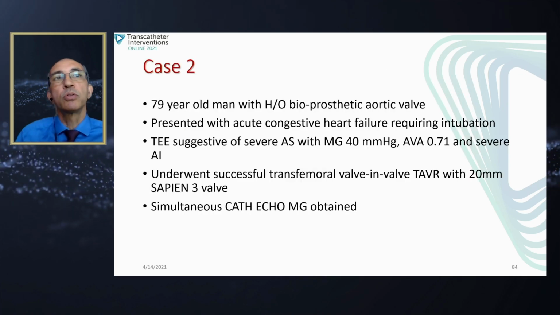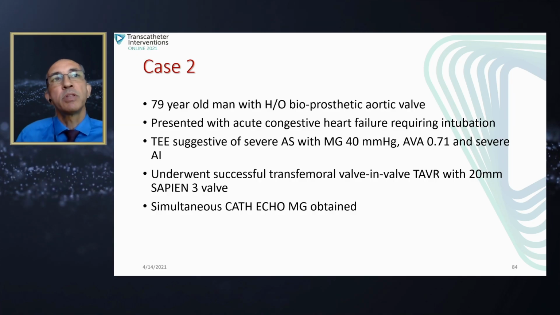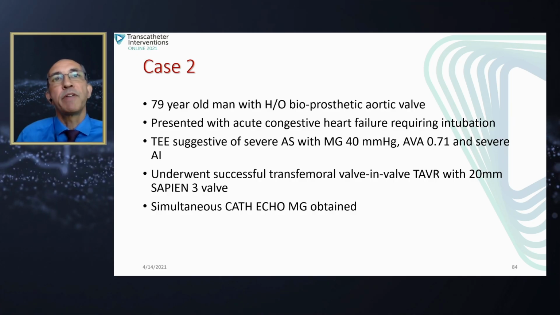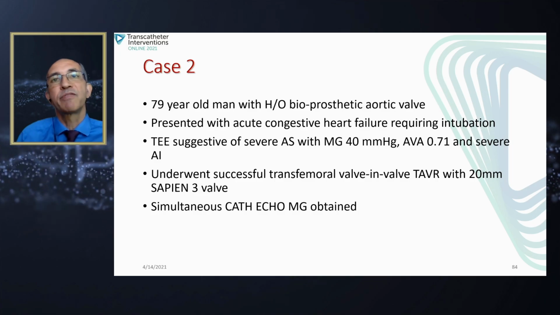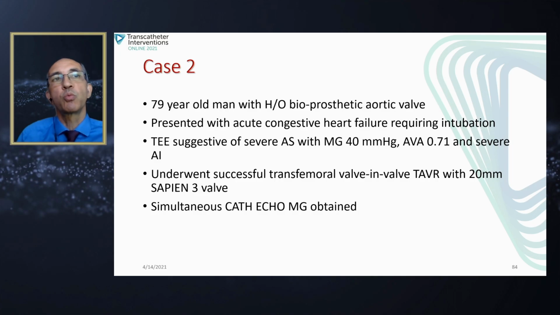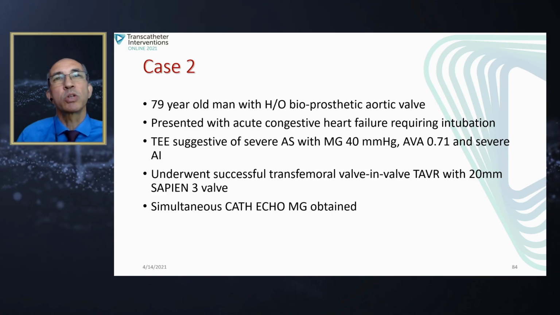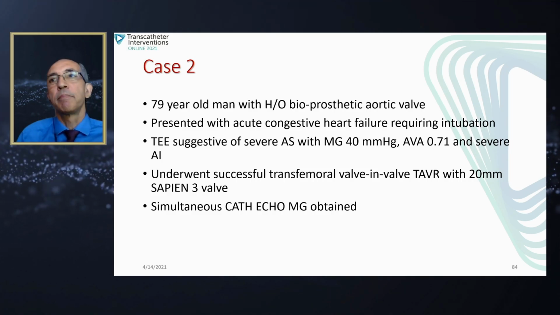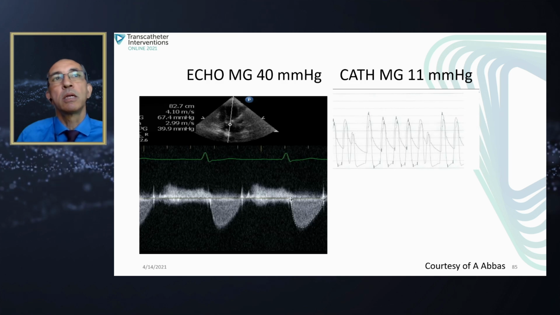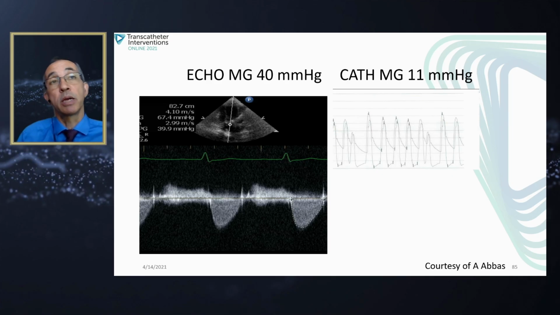But if you go to the next case, a 79-year-old man with a failed bioprosthetic valve, again a transfemoral valve in valve TAVI, but here with a smaller valve, a 20 millimeter Sapien 3, because this was a small surgical bioprosthetic valve. And here the gradient by echo was 40. So this is a very high residual gradient.